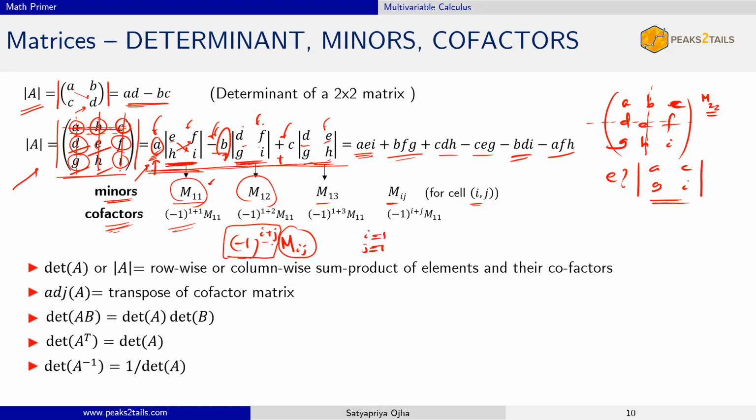So -1 whole squared, which is +1. If you look at the second entry, which is -b, how did I get the -b? Because the position of b is i equal to 1 and j equal to 2, i plus j is 3. So -1 to the power 3, that's -1. That's why you get a negative sign.